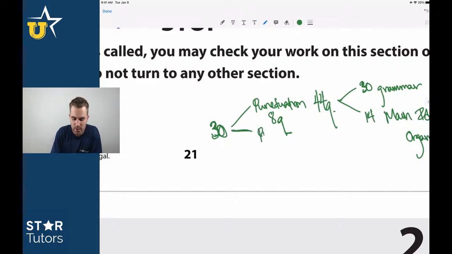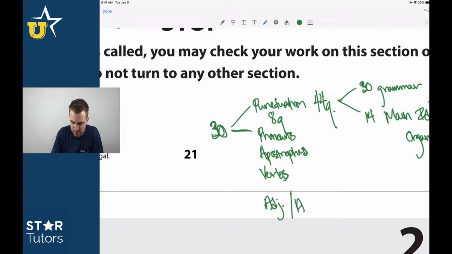Number 2 is pronouns, and these next ones can be in really any order. Apostrophes. These are all separate grammar rules. Verbs, and adjectives and adverbs, kind of. That's less important probably.